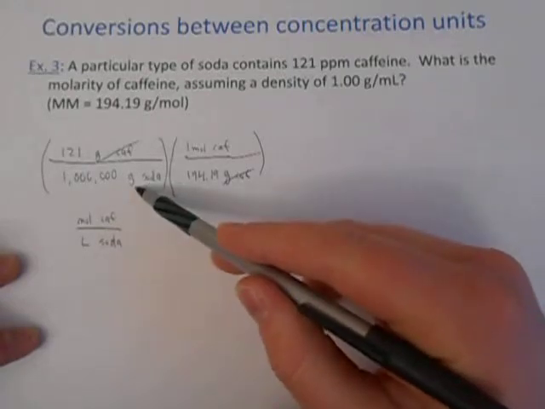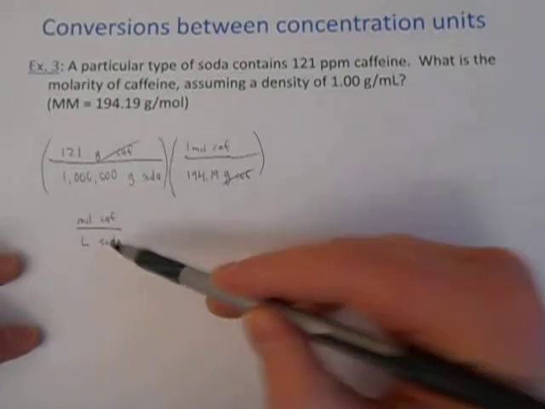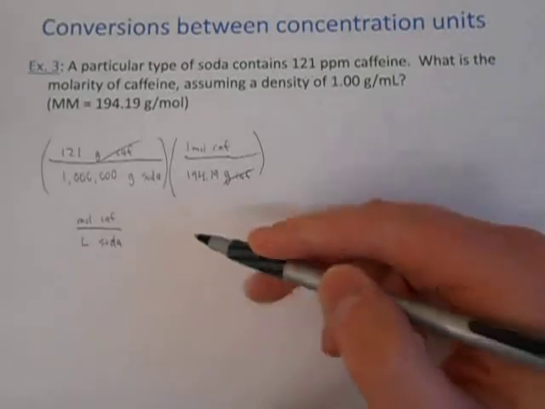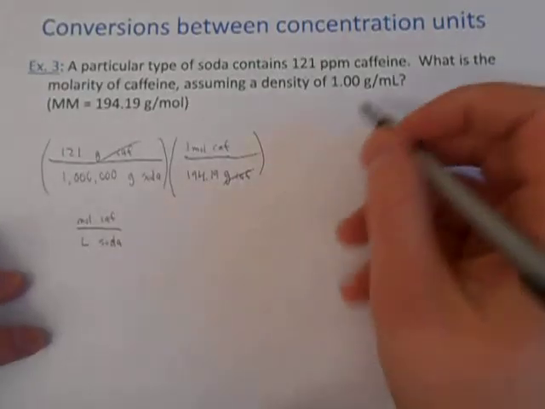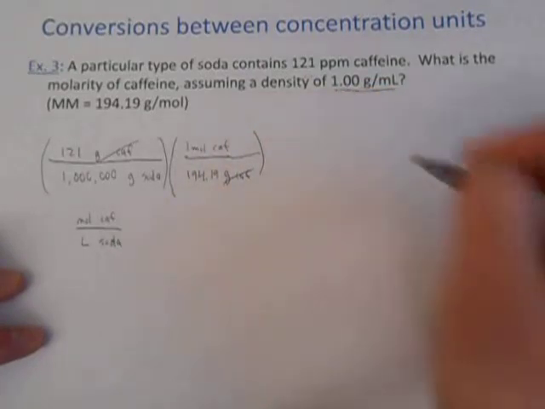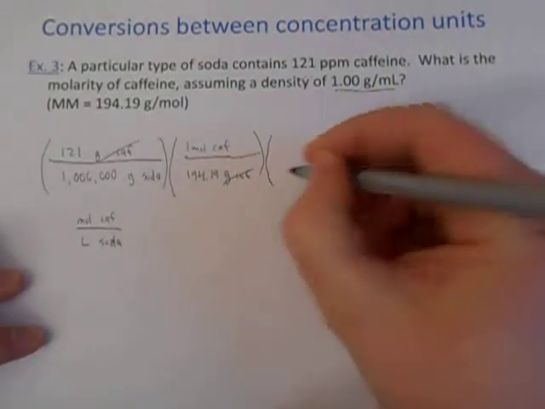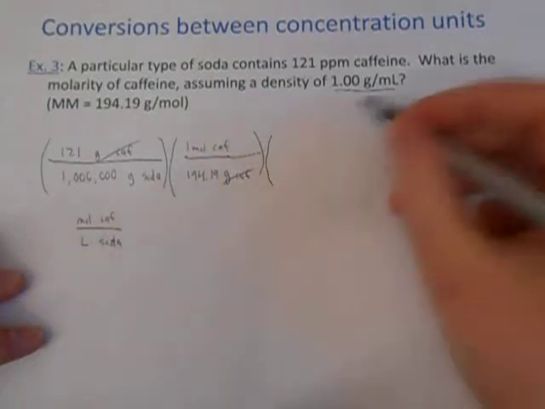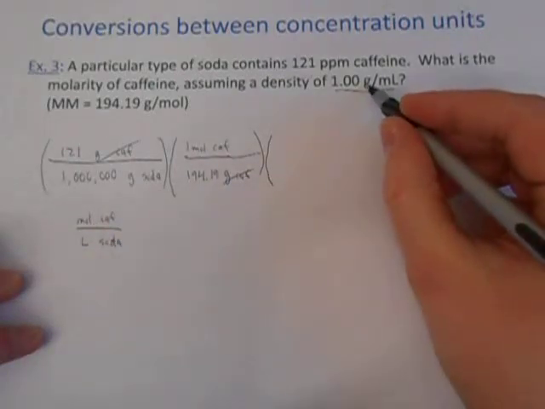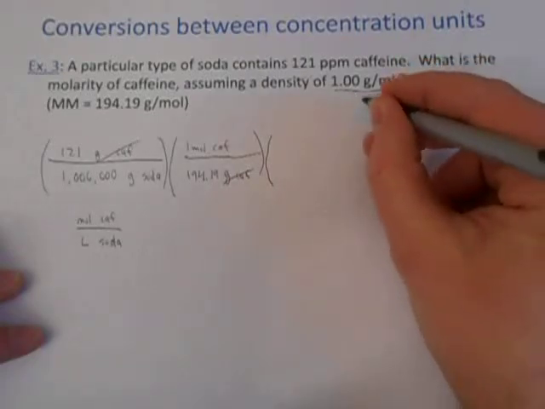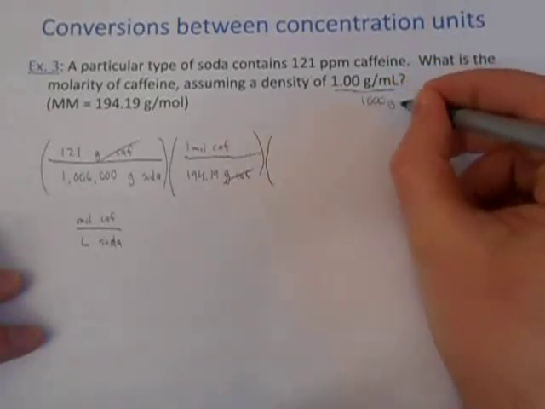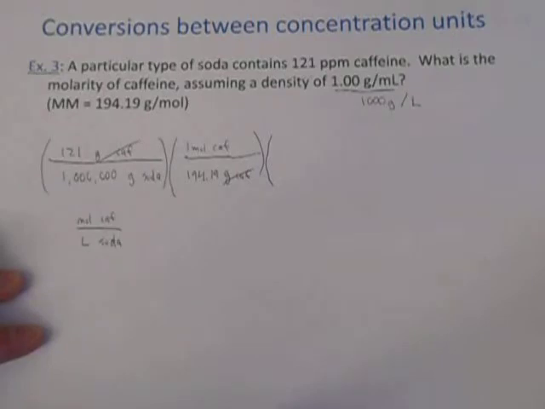Now we have to convert the grams of soda into liters. So we have to think, how do we get between liters and mass? Well, that will typically be done using our density. And so we want to get between grams and liters. So we might rewrite this and say if there's 1 gram per 1 milliliter, there would be 1,000 grams per liter.